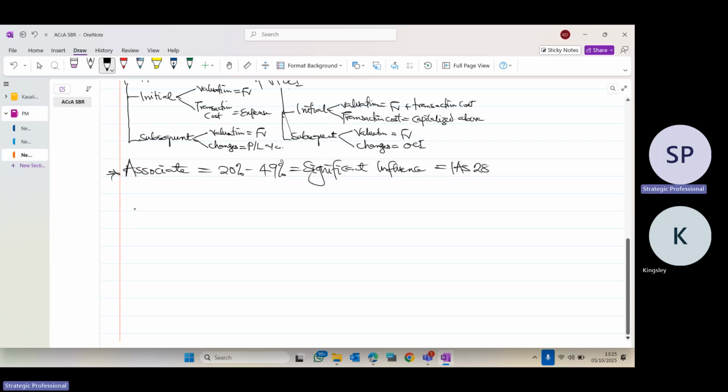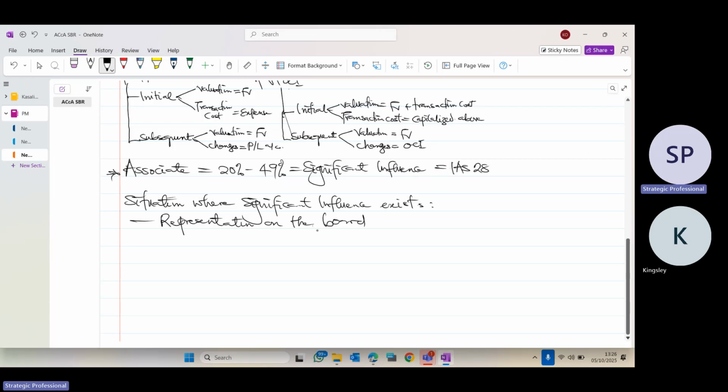So anyone that holds investment in associates can actually have representation at board level. We call it representation on the what? On the board.